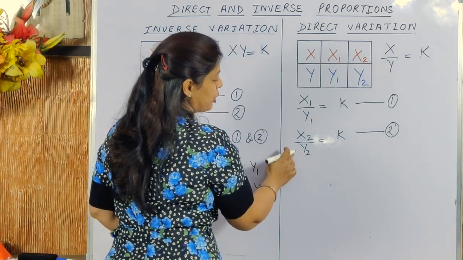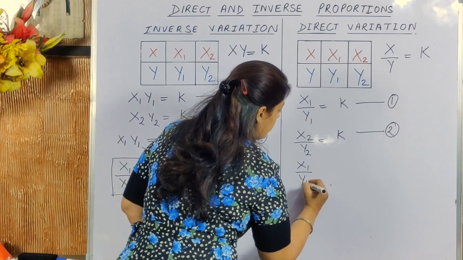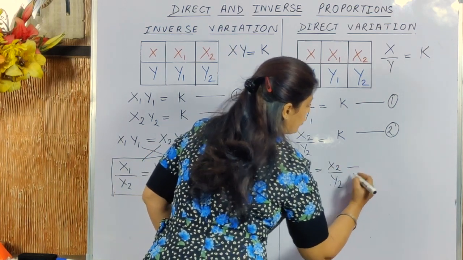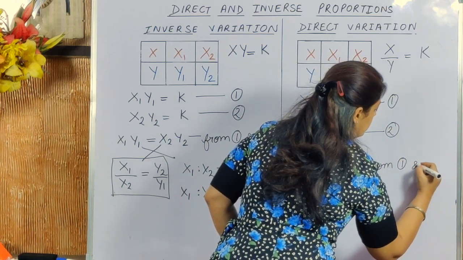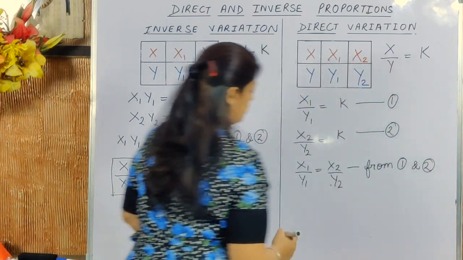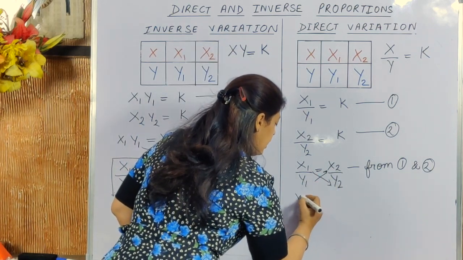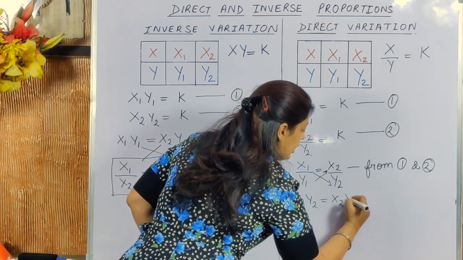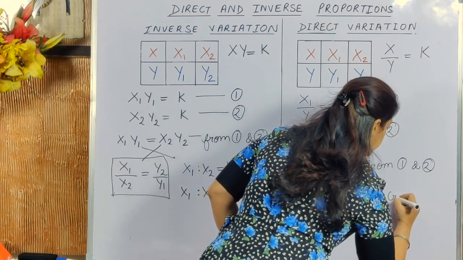Now since both are equal to k, I can equate them. x1 upon y1 will be equal to x2 upon y2 from 1 and 2. Now if I cross multiply, I get x1 into y2 is equal to x2 into y1.